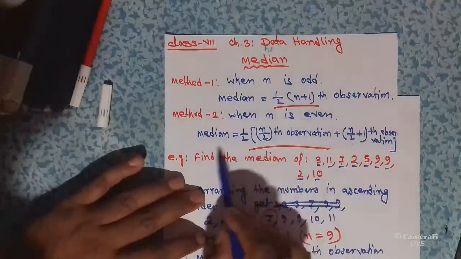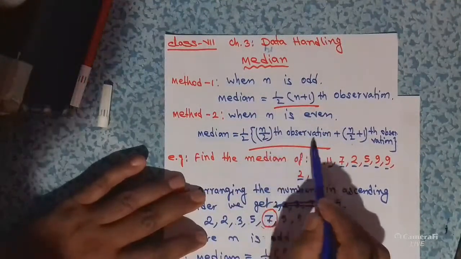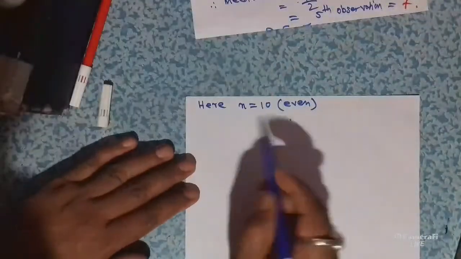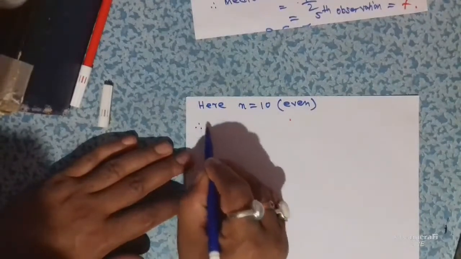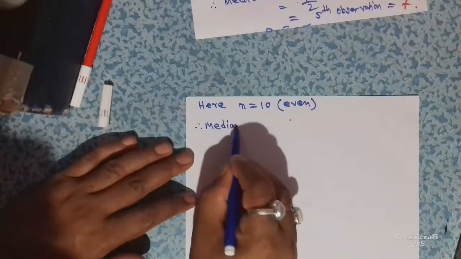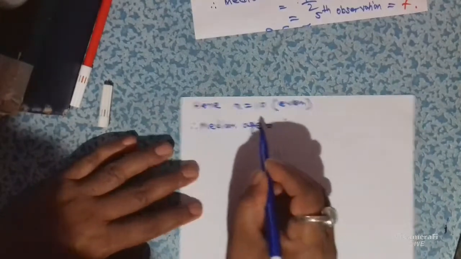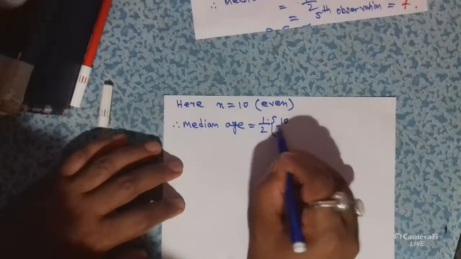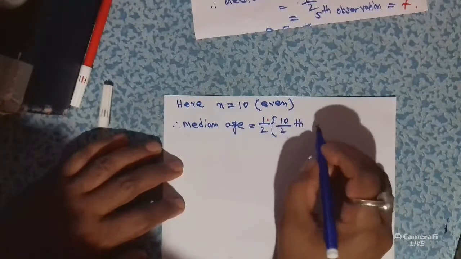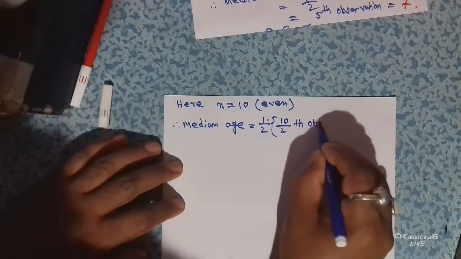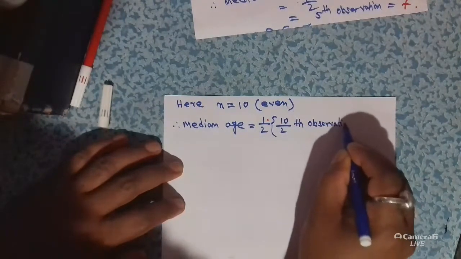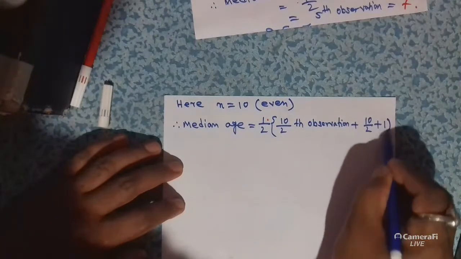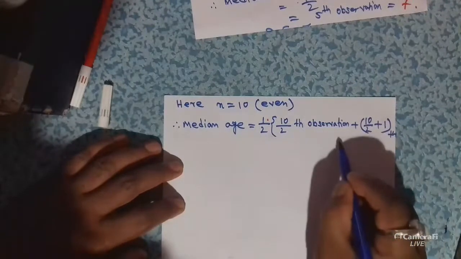When n is even, median equals half of n by 2th observation plus n by 2 plus 1th observation. So here n is 10, so the median age equals half of 10 by 2 observation plus 10 by 2 plus 1 observation.